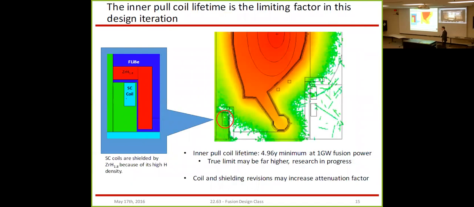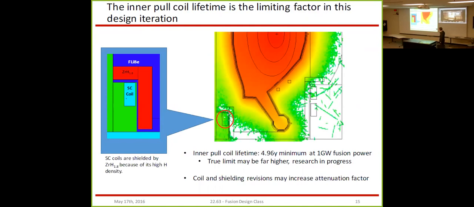Still, as I mentioned earlier, the inner pull coil is what's limiting the lifetime of our design right now. So while it is equivalent to the toroidal field coil in terms of lifetime, this is a new result and it's something that we can change going forward. So despite adding 25 centimeters of shielding, we're still at about 5 years total lifetime.